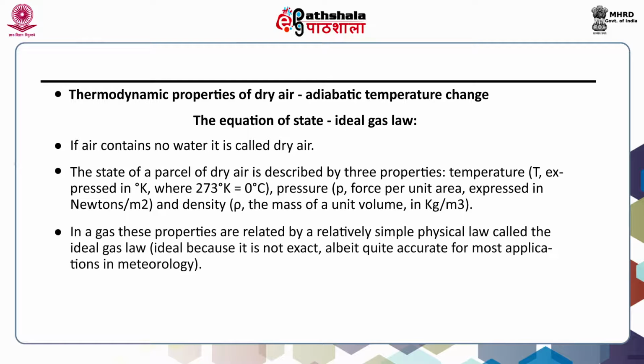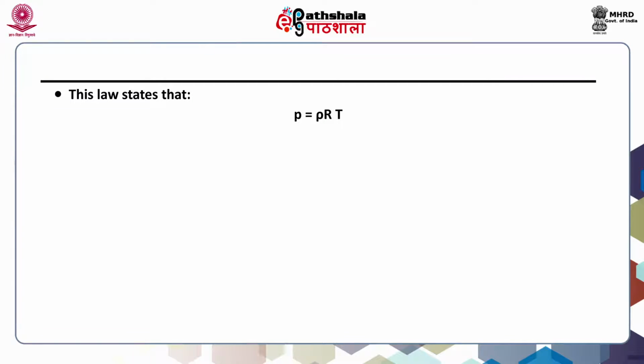In a gas, these properties are related by a relatively simple physical law that is called the ideal gas law. It is known as ideal because it is not exact, albeit quite accurate for most applications in meteorology. This law states that P is equal to rho R T, where R is the coefficient called the gas constant.